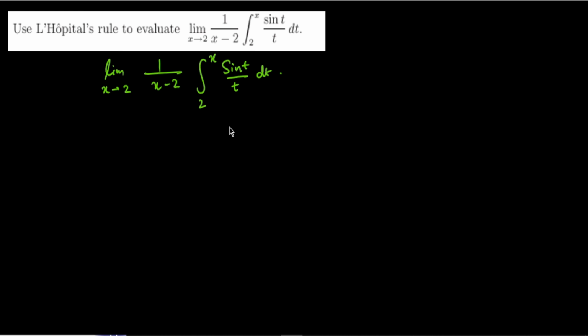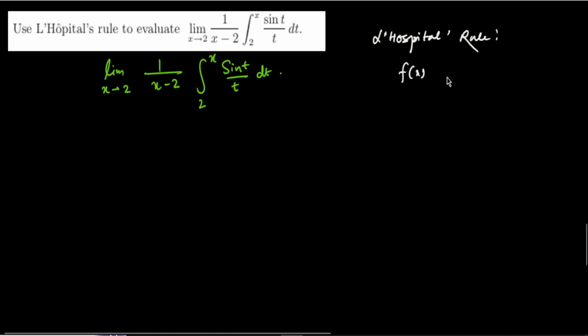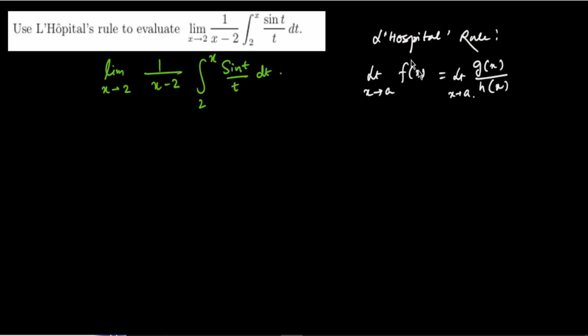As we know the L'Hospital's rule, if a function f of x is given as g of x by h of x, with limit x tends to a, and we apply the L'Hospital rule, then we have to take the first derivative of g of x and the first derivative of h of x.